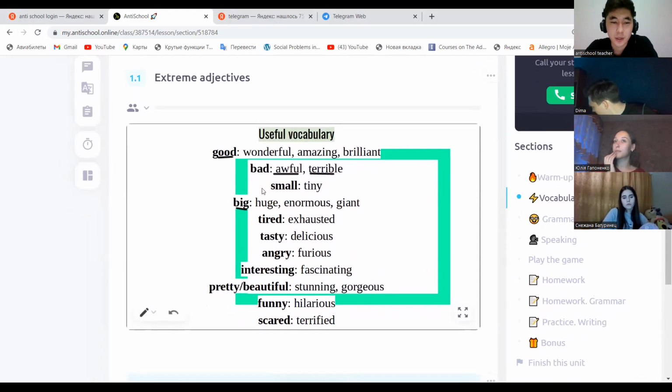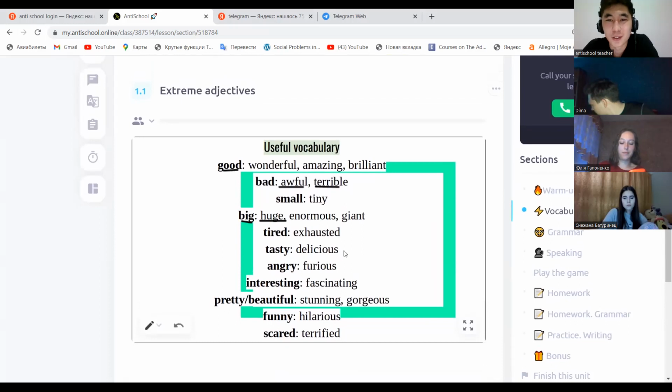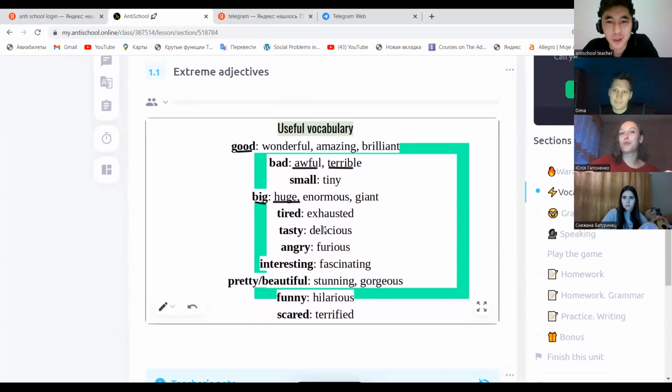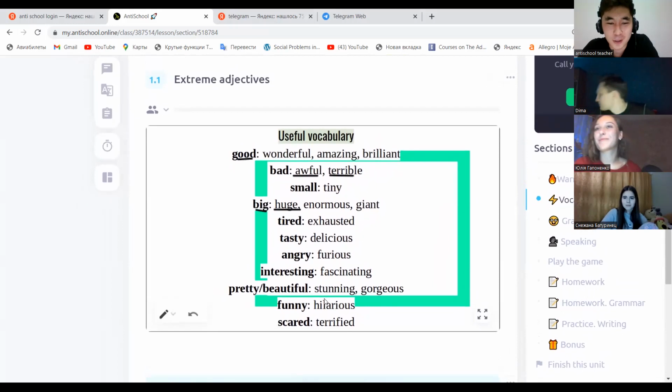Not "very big", we say huge, yeah? Huge cake. Okay, was it your birthday yesterday, or is it just a sentence? So you didn't buy a huge cake for your birthday, or you did? No, not yet. Okay, I thought it was true, and it's just a story, yeah?